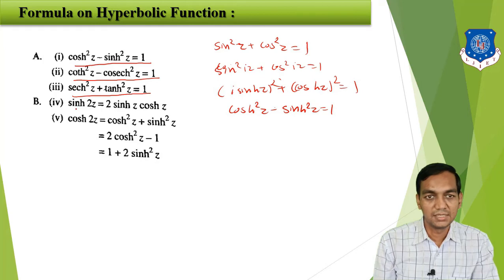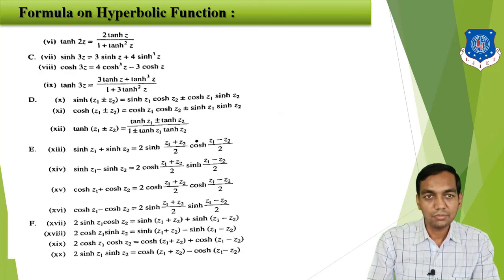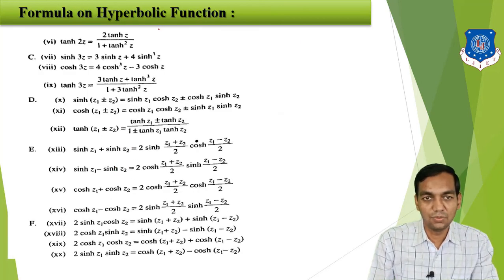In the same manner, sin hyperbolic 2z is 2 sin hyperbolic z cos hyperbolic z, and cos hyperbolic 2z is cos hyperbolic square z plus sin hyperbolic square z. That means 2 cos hyperbolic square z minus 1, or you can write 1 plus 2 sin hyperbolic square z. Now, formulas of the hyperbolic functions.